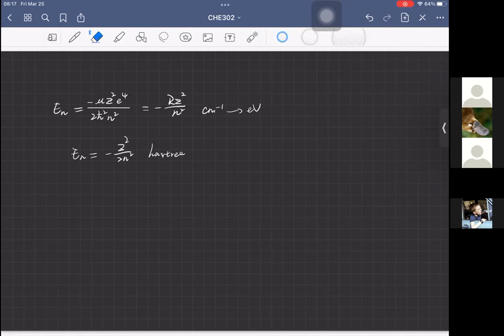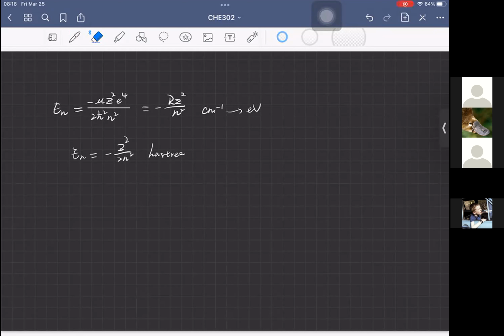The funny part is, for the first question in my last exam, they don't even ask you for electron volts. They just tell you this is equal to this and this is equal to this, and they assume you put it in electron volts. But if they don't ask you, just put it in Hartrees. And if they argue about grading, just say that you didn't tell me not to put it in Hartrees.